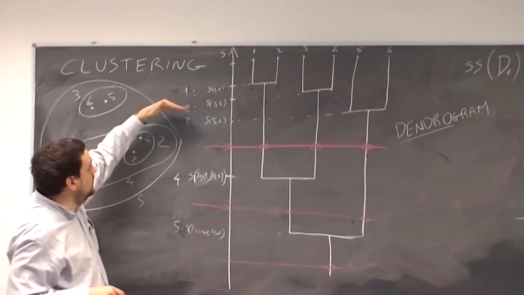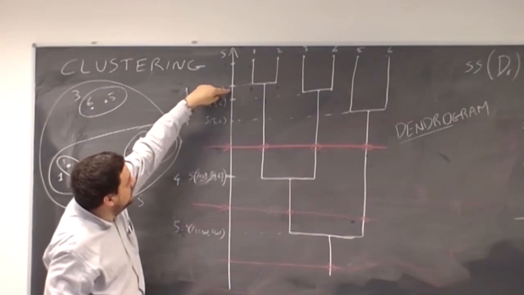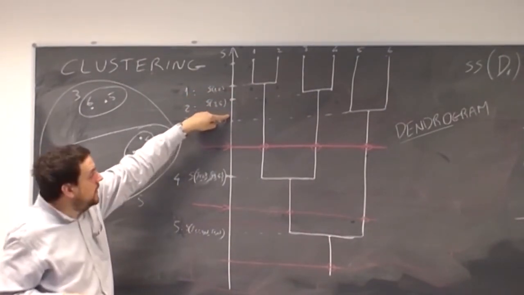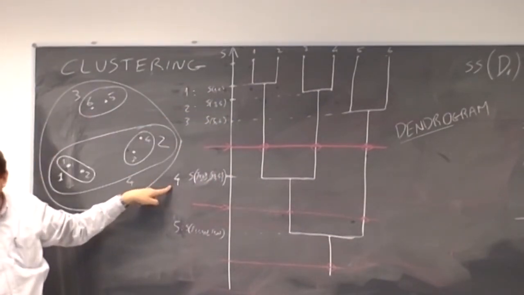So, steps 1, 2, and 3 implied a very low decrease in similarity, while the big step is between levels 3 and 4.